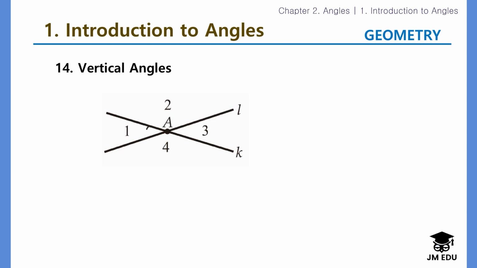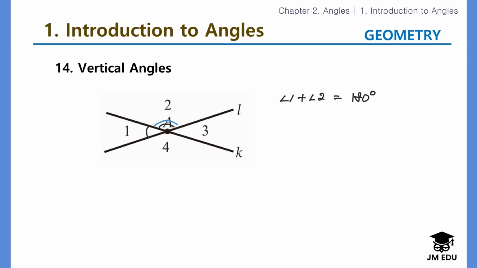Angle number 1 and angle number 2 are supplementary angles, right? So angle number 1 plus angle number 2 is 180 degrees. And the sum of angle number 2 and angle number 3, from this line right here, they are also supplementary angles, right?